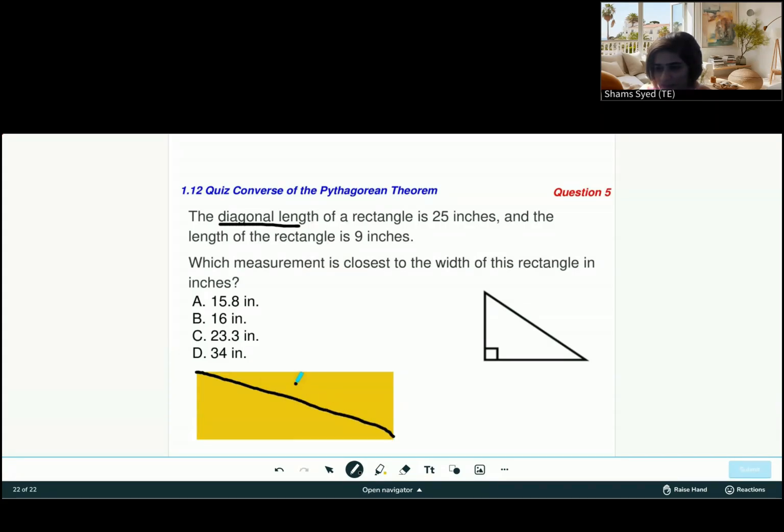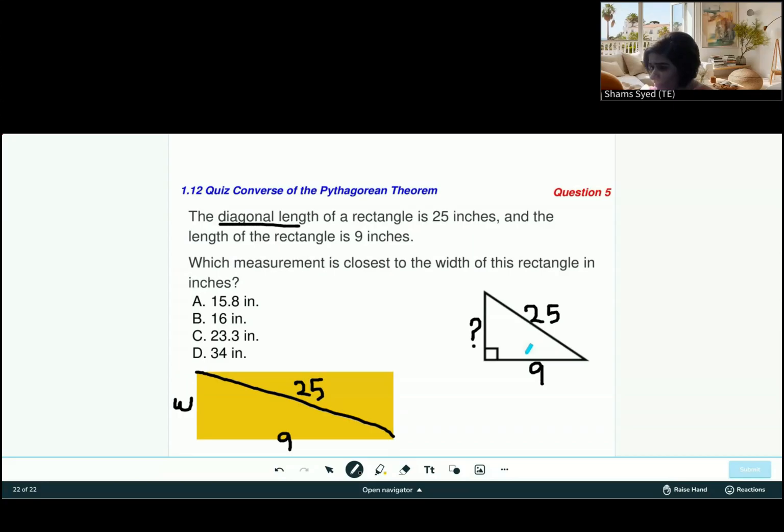Whenever the word diagonal is used in the Pythagorean theorem, it pertains to the hypotenuse, the longest side. The length of the rectangle is 9 inches, so one of the shorter legs is 9. Which measurement is closest to the width of this rectangle in inches? The width is missing.